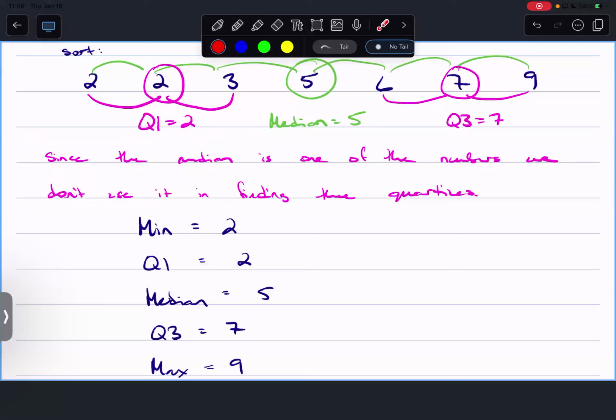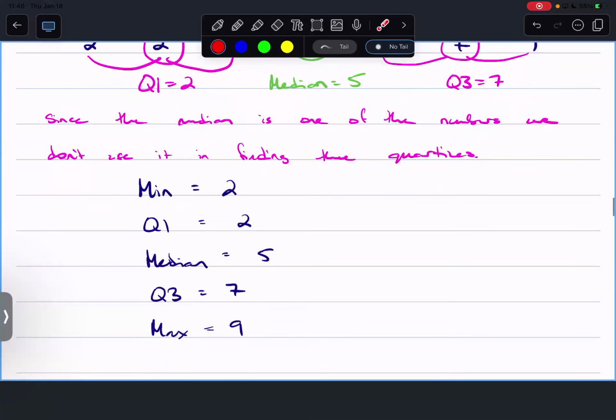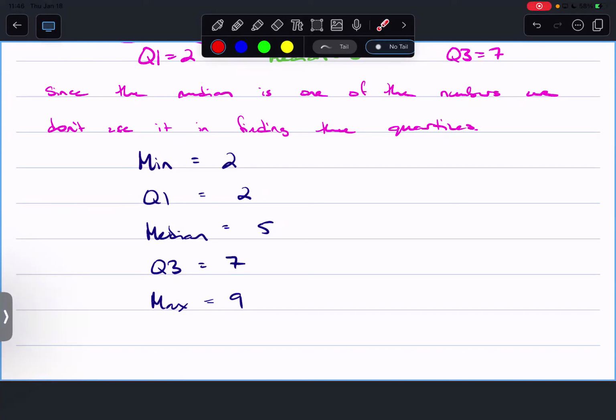And so we can use these distances to determine, okay, if there's a long distance between Q1 and the median, what does that tell me? It tells me that it took a long time to span that quarter of the data, right? Which translates to not very high bars, right? Took a long time to get a quarter of the data. So a short distance means that there's lots of data in that short distance, and a longer distance means the data is more spread out, because you cut it into quarters, right?